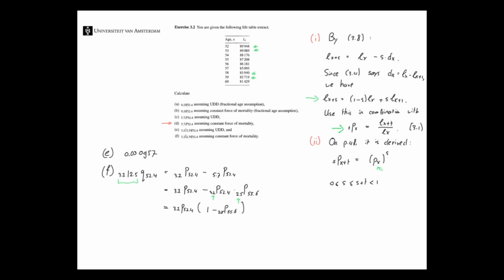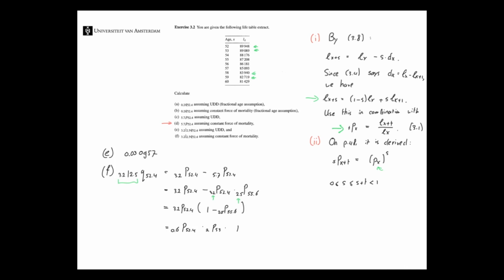So we can apply the same logic here. So doing that gives us, so we are aged 52.4, we go to the nearest integer age, which is 53, so then we are age 53, and then we have to live to, well, 55, if you do the math.